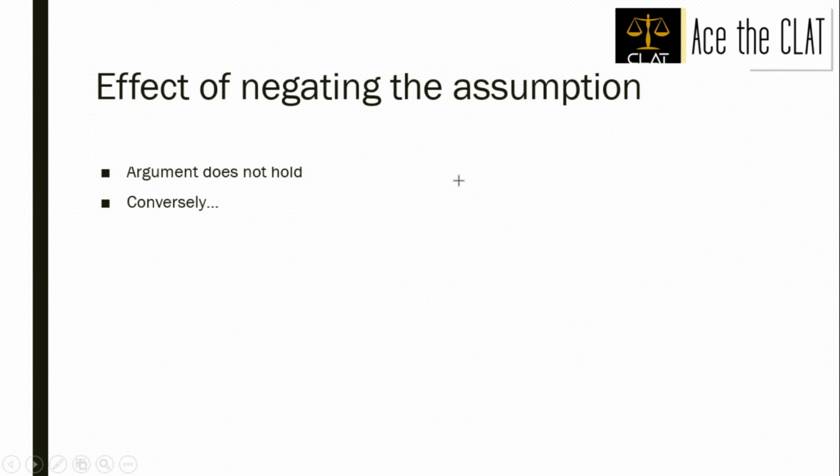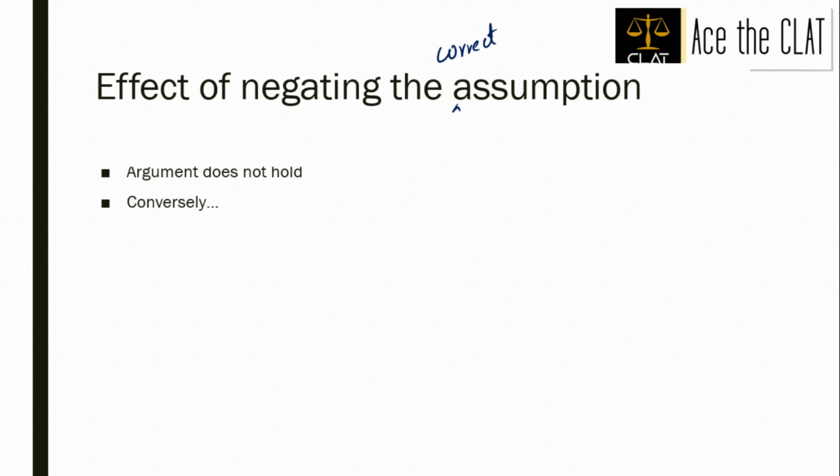Effect of negating the assumption, or negating the correct assumption. By negating I mean that if the statement is affirmative or positive, we make it negative. Let us say I say that I would run 10 kilometers a day from tomorrow.